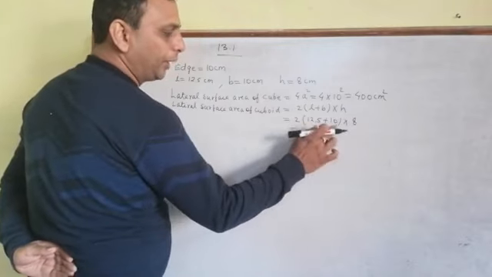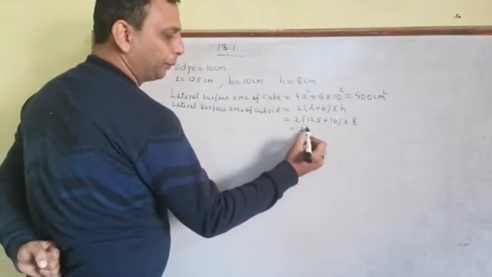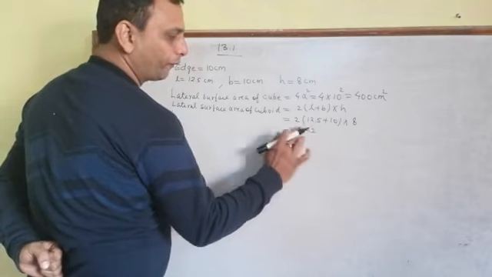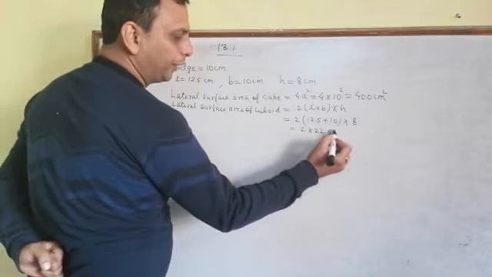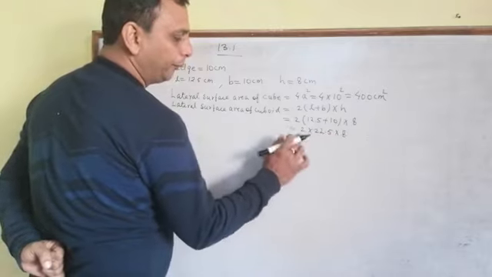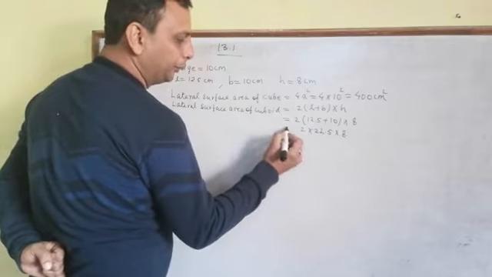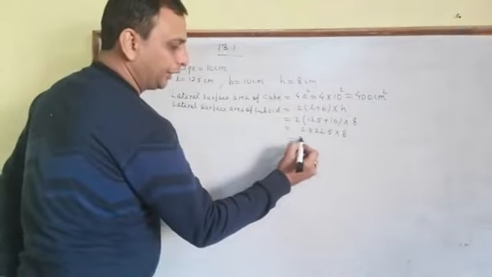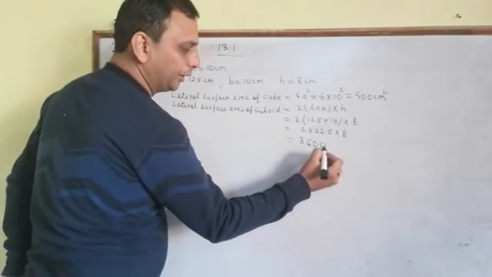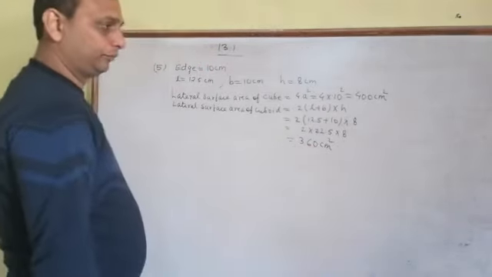So 12.5 plus 10 is 22.5. And 22.5 multiply 2 will be equal to 45, and 45 will multiply 8 is 360. 360 centimeter square is the answer.